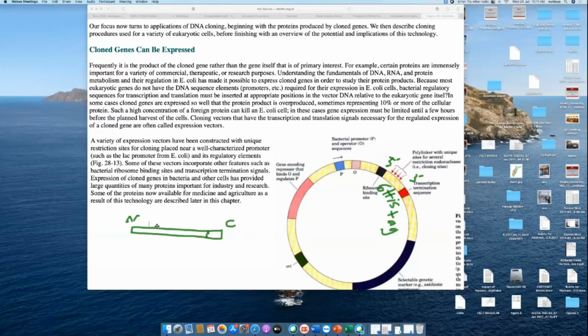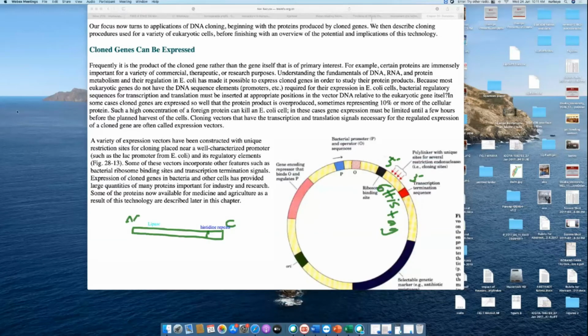This side will be your lipase, and this side will be your histidine repeat. This histidine repeat basically will be the tag for your target protein. Because of this histidine repeat, you can use affinity chromatography.